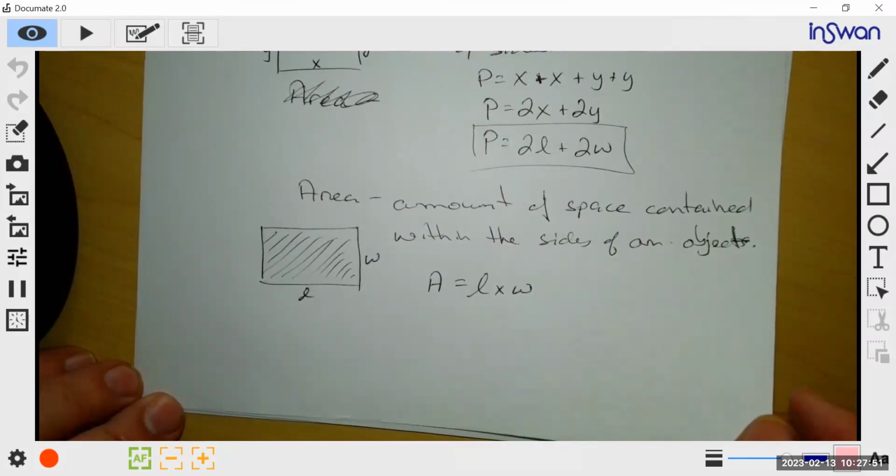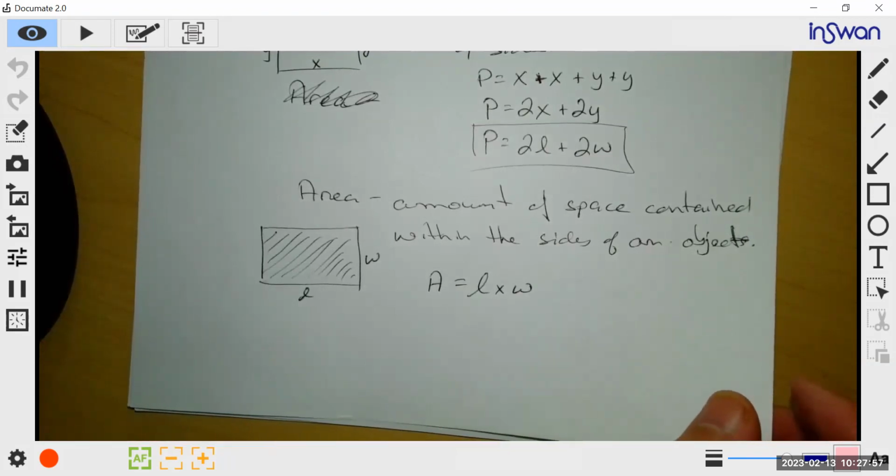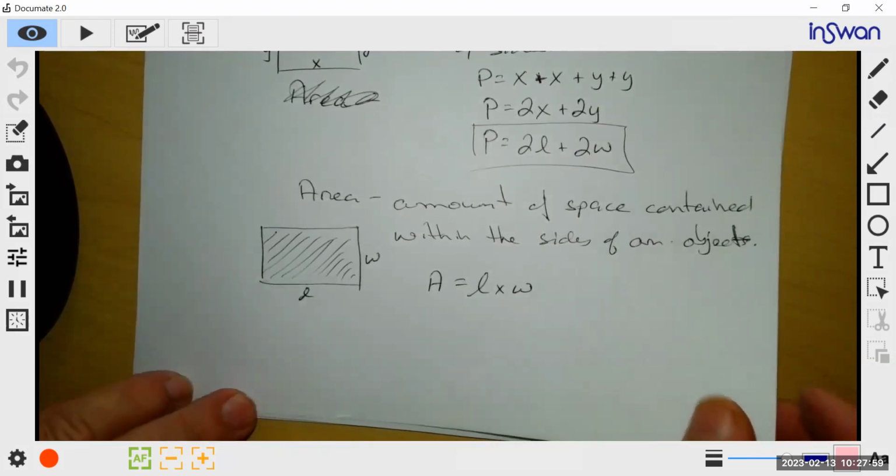Even though squares and rectangles have the same formulas for both of these, because a square has equal length sides, the formula is more simplified.